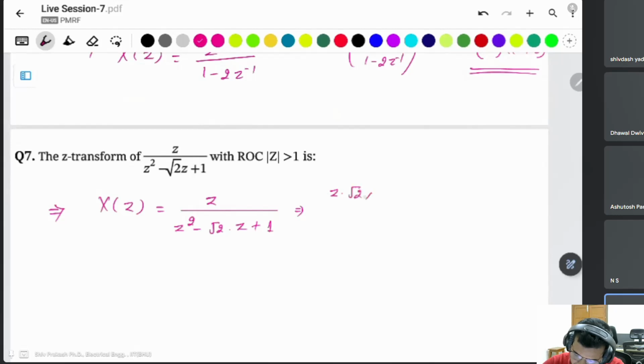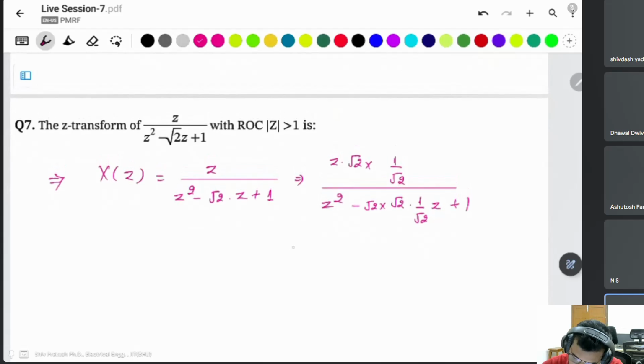Root 2 divided by 1 by root 2 divided by Z square minus root 2, as given in the question. The same thing, multiply root 2 into 1 by root 2 Z plus 1. The numerator can be written as root 2 Z, 1 by root 2 is sine pi by 4.